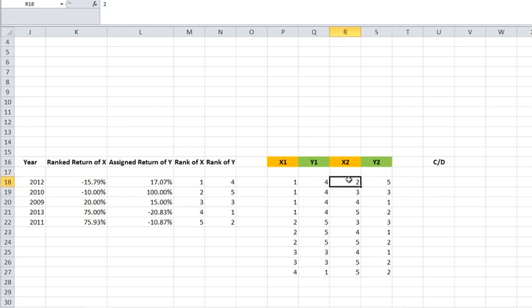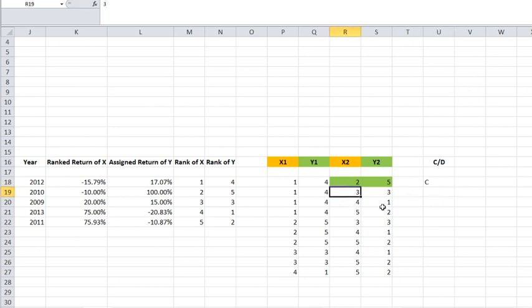So now I will compare x2 to x1. If x2 is greater than x1, I will make this observation green. And if y2 is greater than y1, in this case it is, I will also make that observation green. So if both these colors are the same, that means that pair is concordant. So I will mark it as a concordant pair.